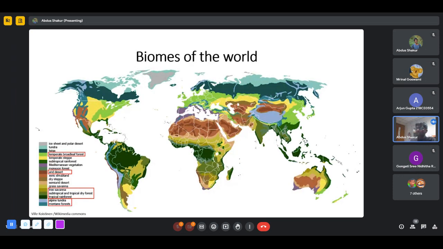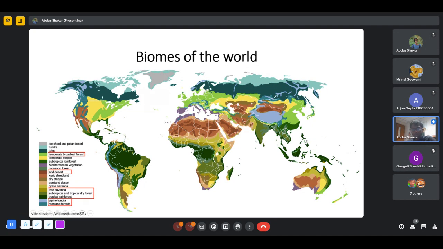And then if you look at this plot or the map here, these are the major biomes that are present across the world. These are further classified than what we have seen in the previous slide. So the ones that are highlighted in red are the ones that can be seen across India, mostly the temperate broadleaf forests, which are somewhere around here in the Himalayas.